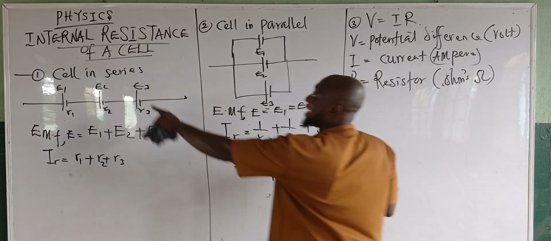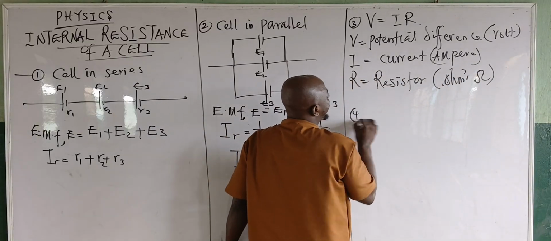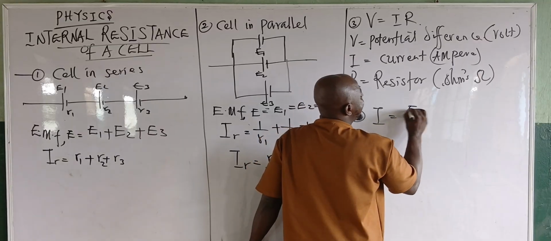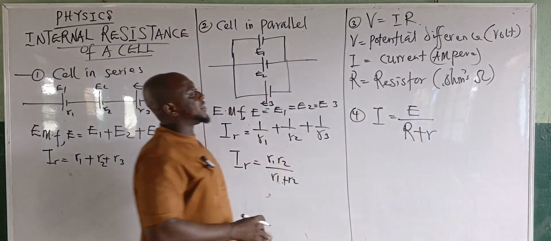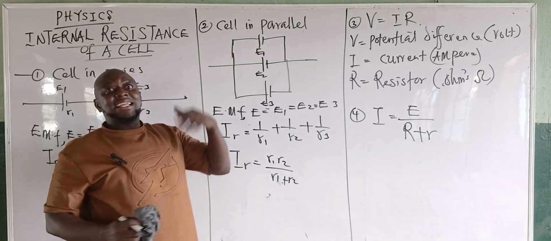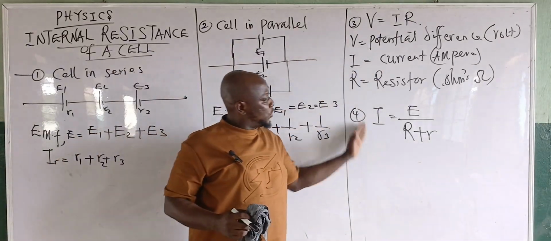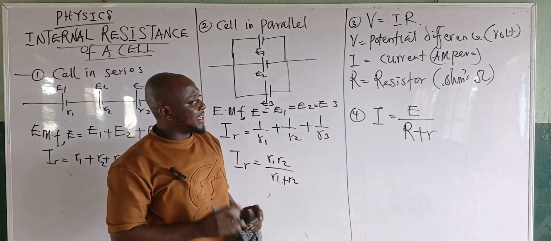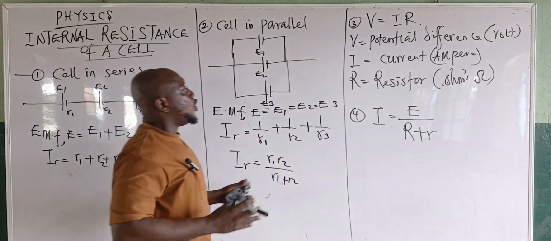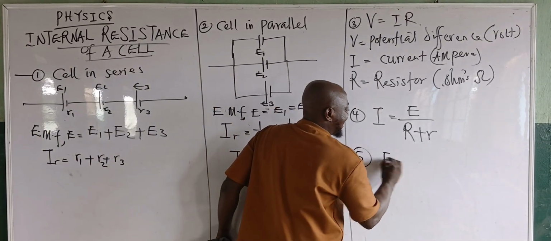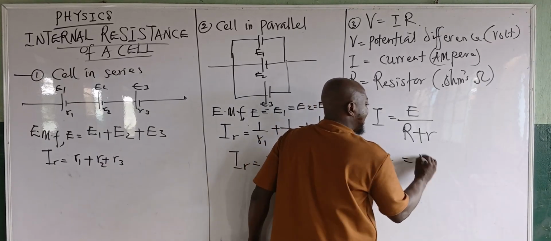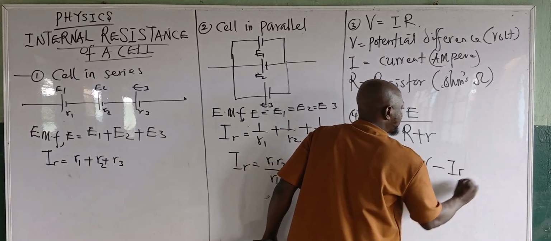Next up, for internal resistance, we also have another formula going forward. We said I is E all over R plus r. The relationship between EMF, current, internal resistance, and resistor. This is another thing we need to know. So what is the next thing we need to know? Number 5 is that we need to know that EMF is also connected to a lost voltage.